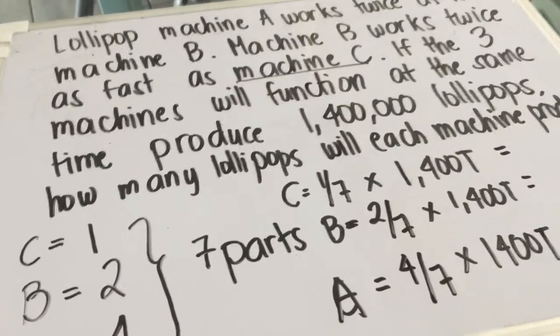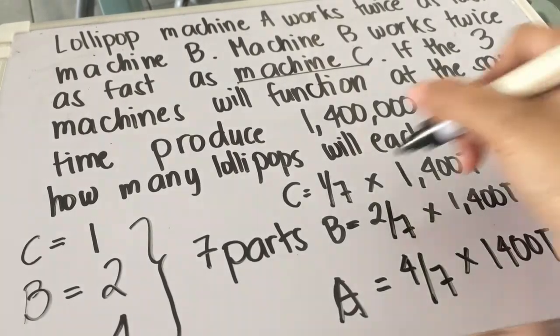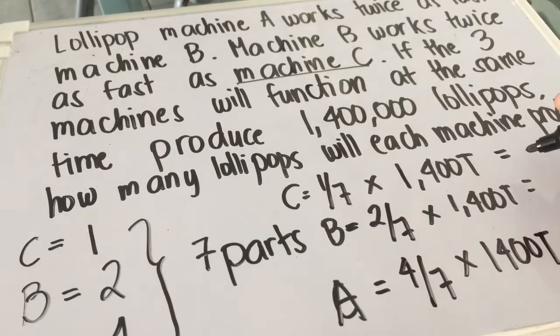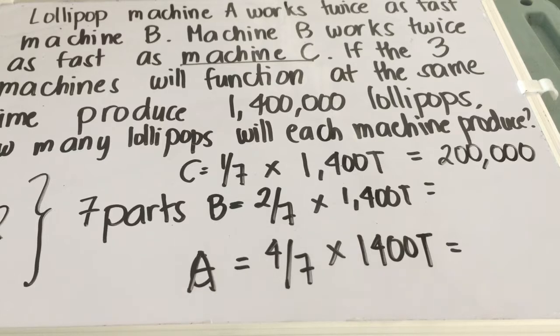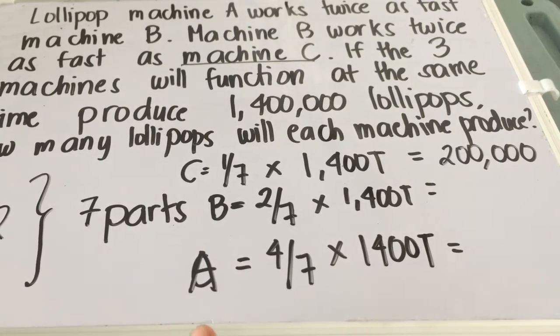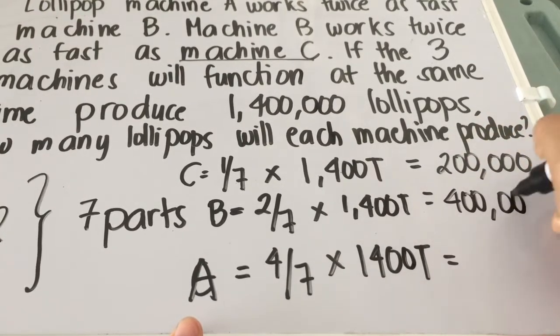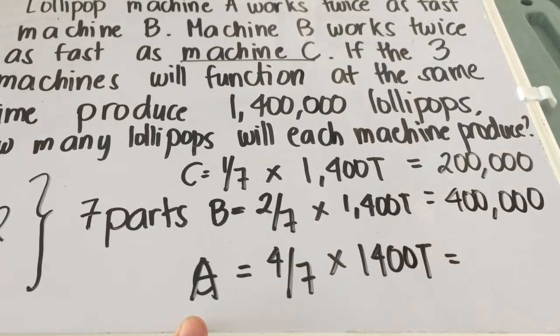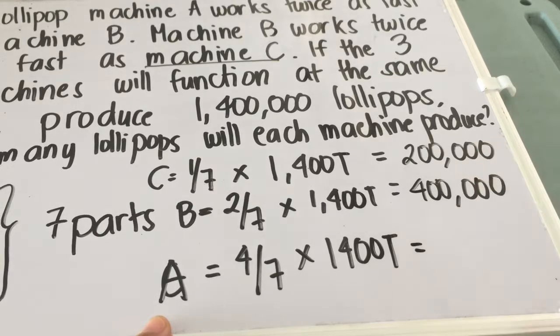So kay machine C, we have 1,400,000 divided by 7. We have 200,000 lollipops. Kay machine B naman, we have 2/7 times 1,400,000. We have 400,000 lollipops. Then, kay machine A naman, we have 4/7 times 1,400,000.